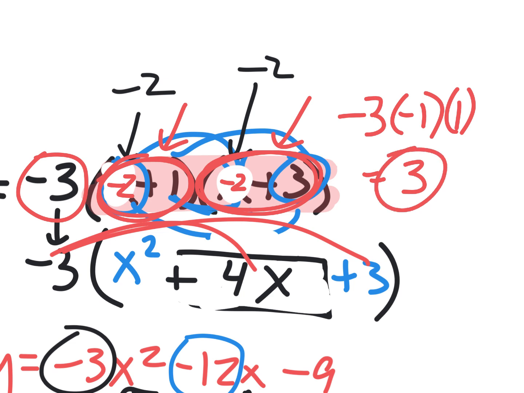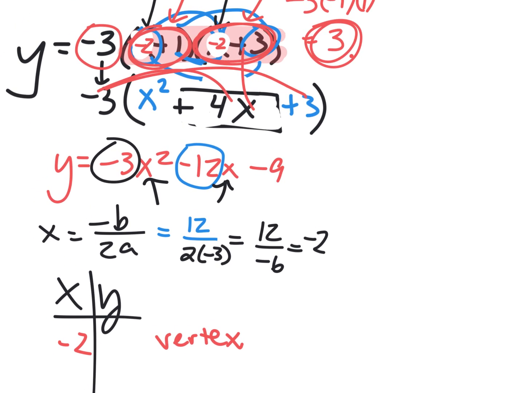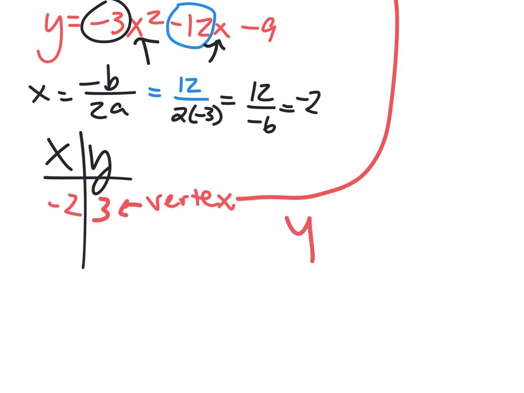So the answer for the vertex is 3: I put in negative 2, I got 3. That's the most important point, the vertex. And if you needed vertex form, you could just go y equals, and it always looks like this, and you just have to put in the vertex here and here from these two numbers.